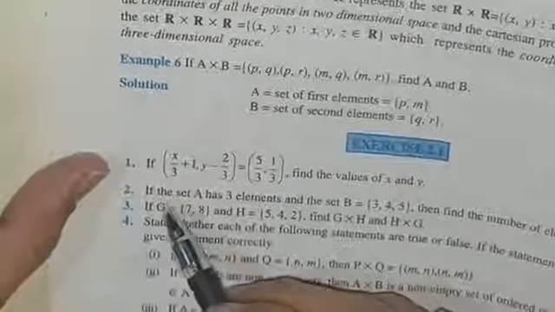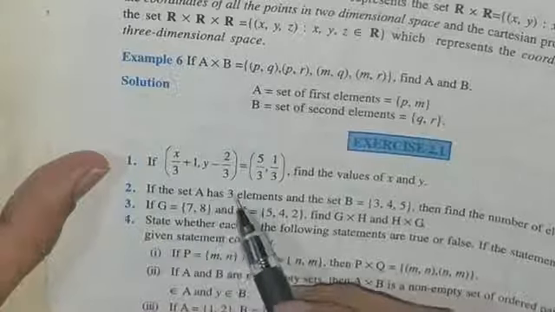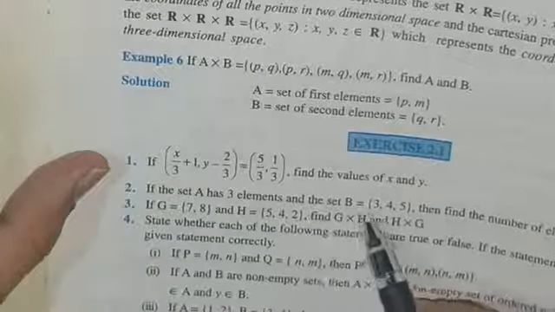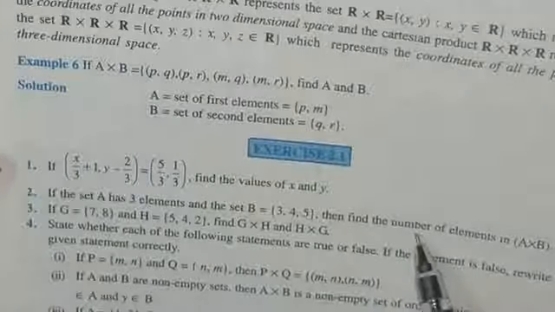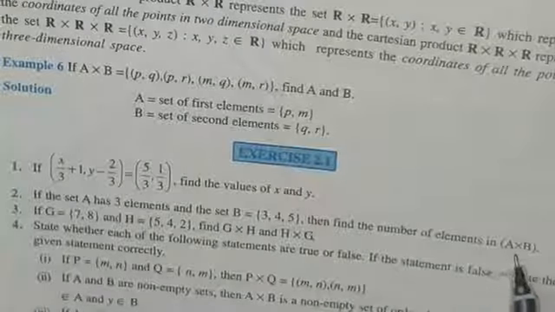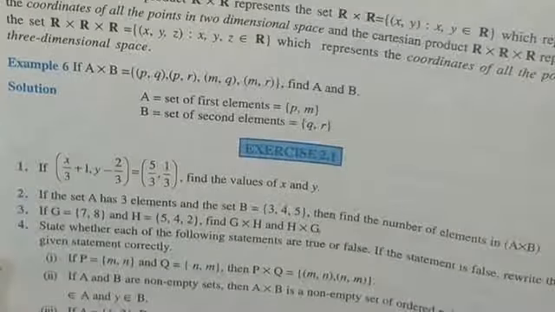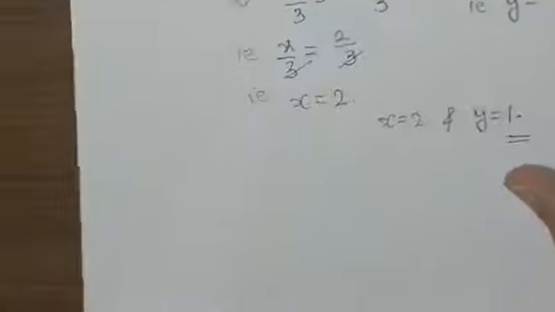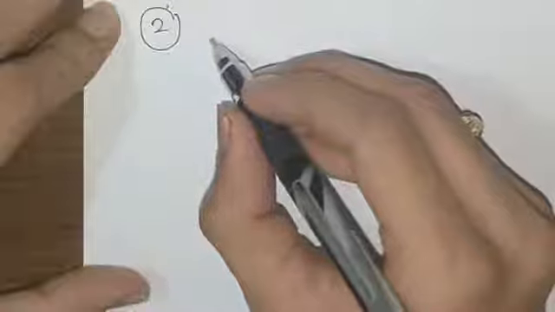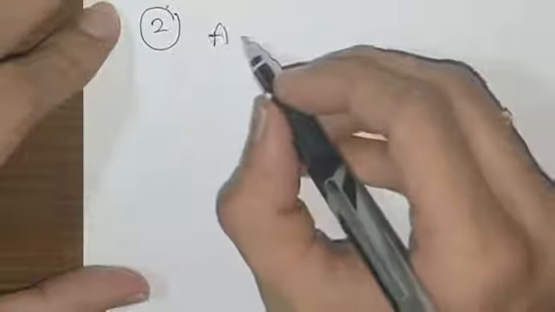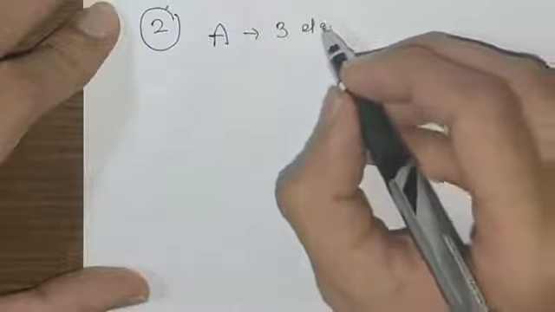Problem number 2 is, if the set A has 3 elements and the set B is equal to {3, 4, 5}, then find the number of elements in A cross B. In the second problem, it is given that set A has 3 elements.